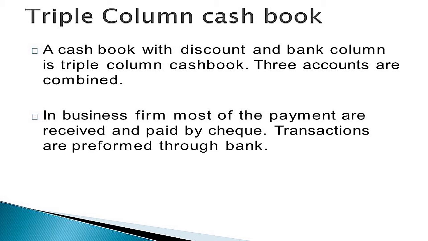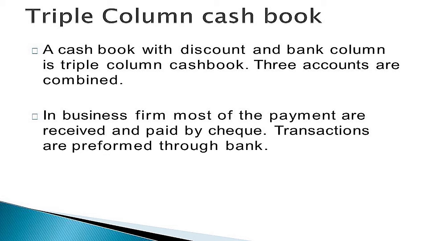You have experience with many payment apps: Paytm, PayPal, PhonePe, Google Pay, and many others. You are using more payment apps than us. You have experienced that money is deducted from the bank and added to your bank. That's why the company is required to maintain a separate bank column in their cash book.